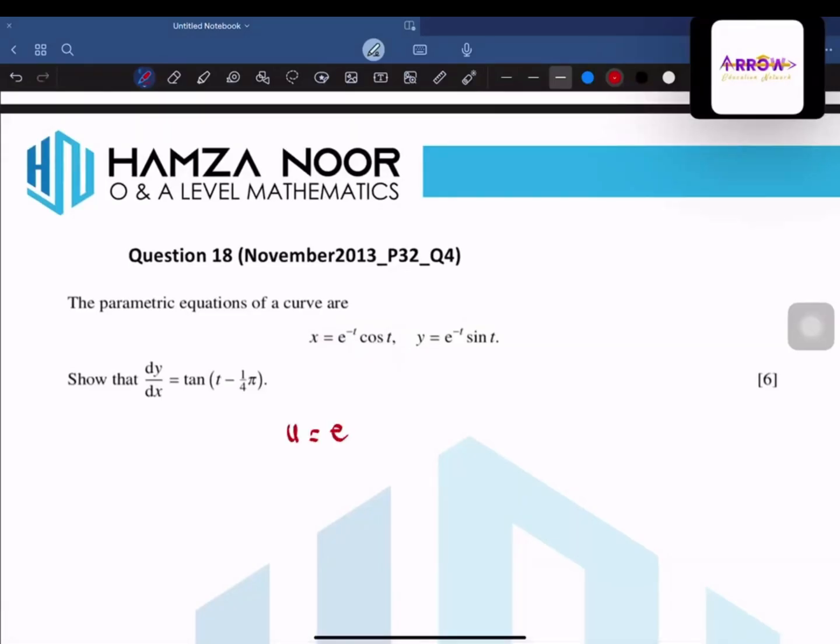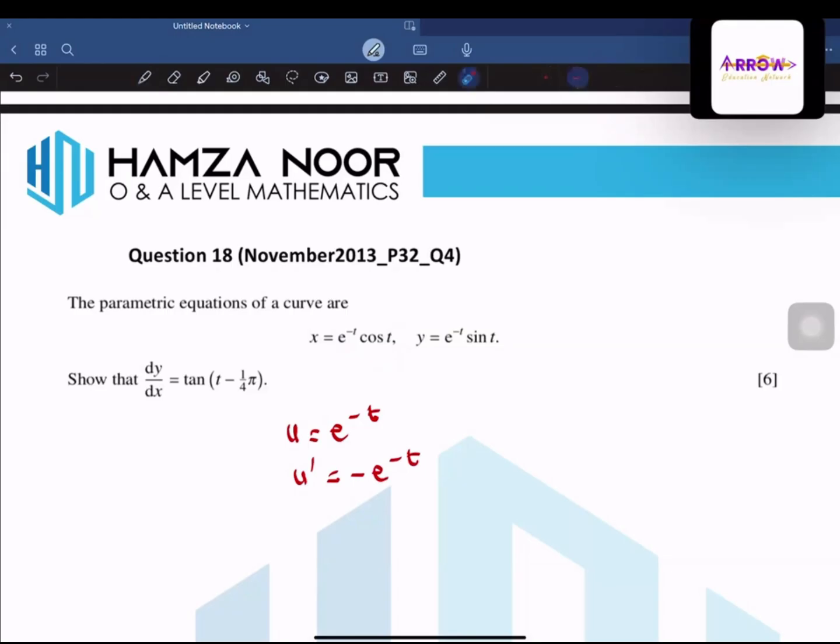So u is equal to e raised to the power of minus t. So u dash is equal to minus 1 multiplied by e raised to the power of minus t. Since you have studied the basic concept that when you differentiate e raised to the power of kx with respect to x, you first write e raised to the power of kx as it is and then multiply it by k.